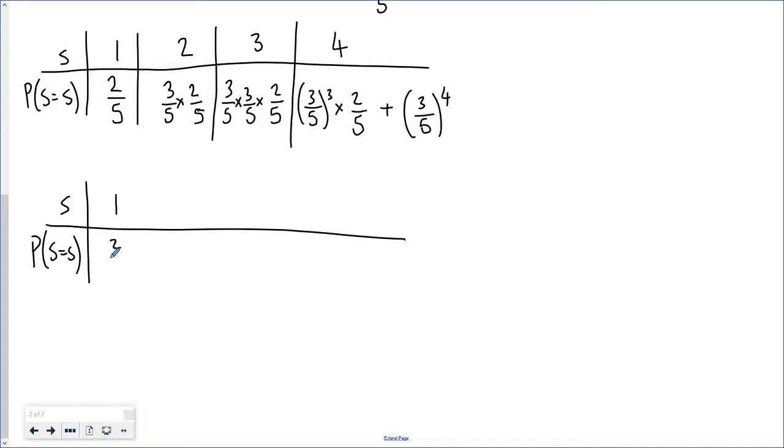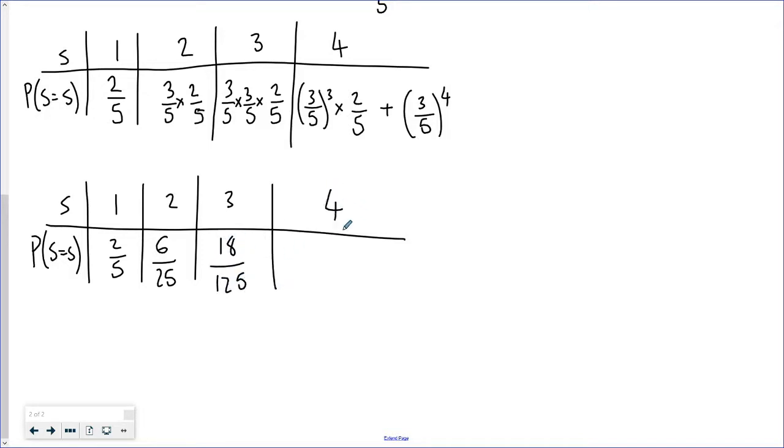So the probability of 1 is 2/5, the probability of 2 is 6/25, the probability of 3 is 18 over 125, and the probability of 4 is 27 over 125.